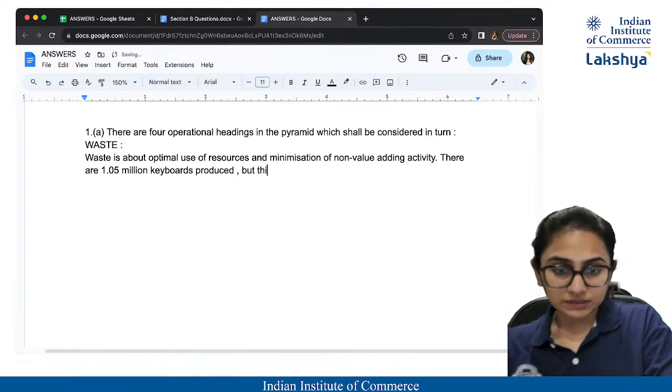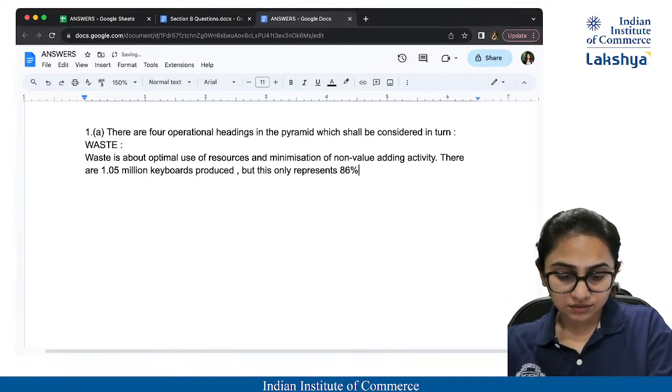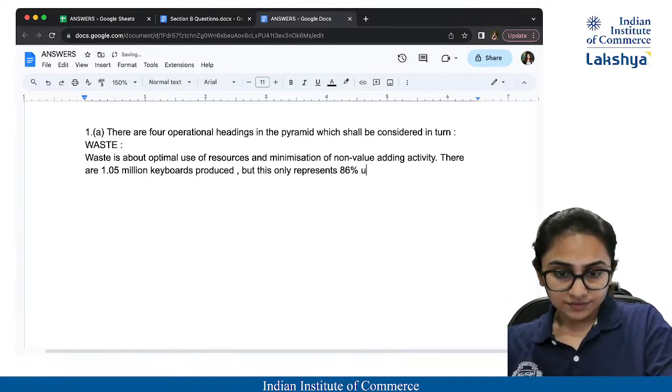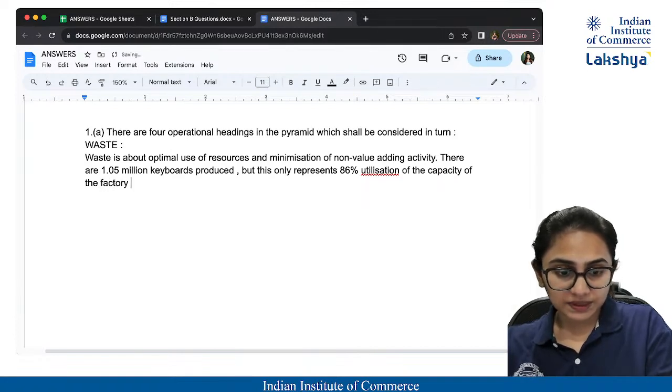But this only represents 86% utilization of the capacity of the factory. What is the total capacity of the factory?